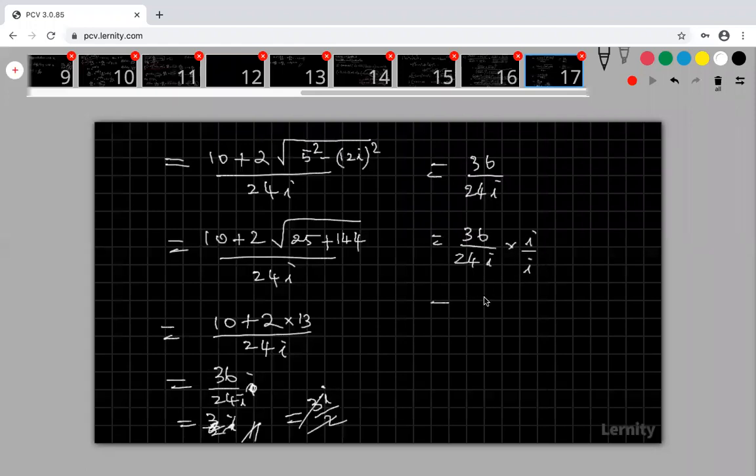Here also multiply by i. So therefore, this is 36i divided by 24i square. My i square is minus 1. So therefore, this is minus, and now cancel this 36 and 24. So therefore, this is 3 by 2i. Minus 3 by 2i is the correct answer. Okay, Pavan? Pavan, you are correct. Are you okay?